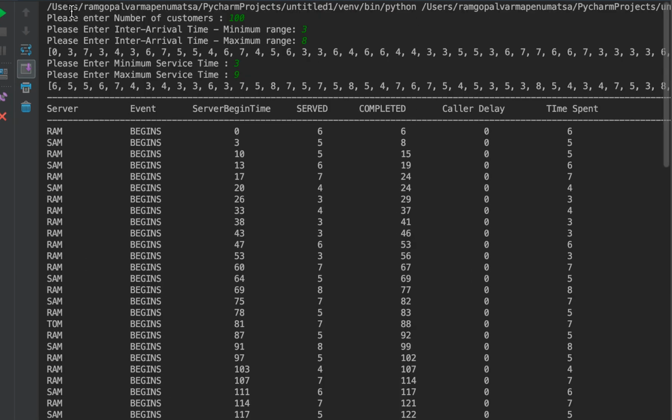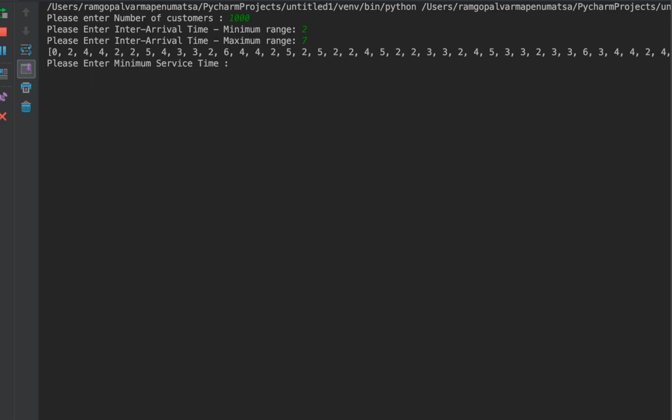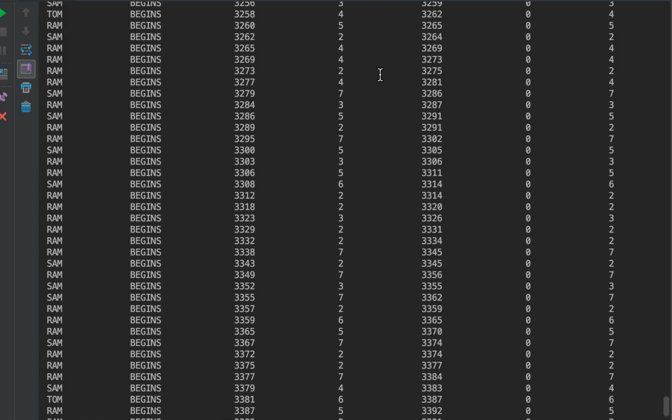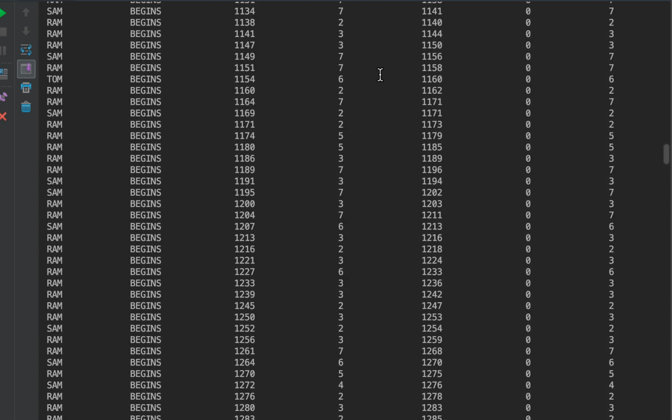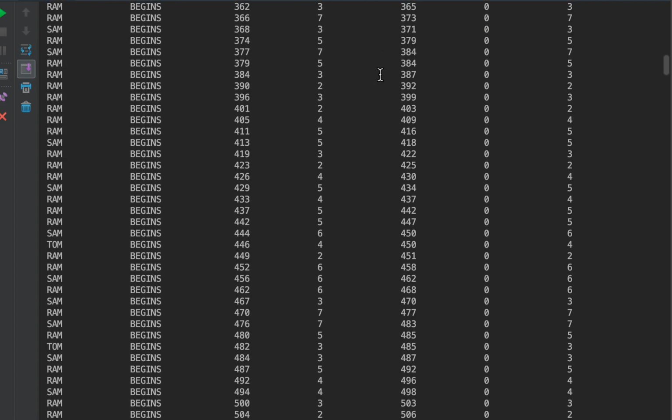Now let us change again the number of customers to 1000. Let's give the interval time around 2 to 7 minutes. Let's decrease the service time, let's say only 2 to 7 minutes. Don't increase it more. And there you go, the new simulation is as follows, and this is for 1000 customers.